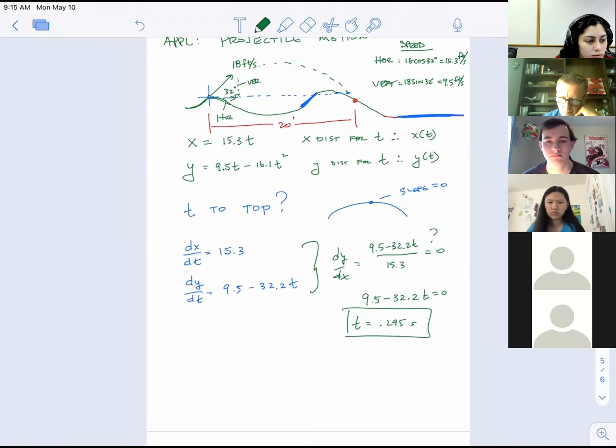What is the slope of something vertical? I think it would be infinity, wouldn't it? When is this equal to infinity? What makes a fraction equal to infinity?